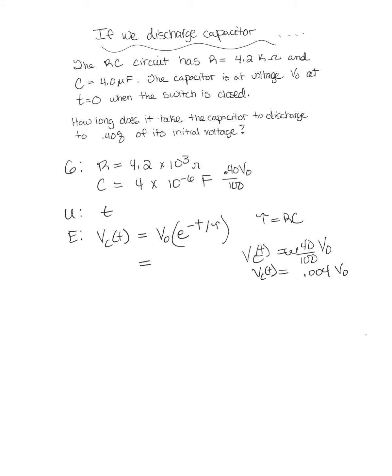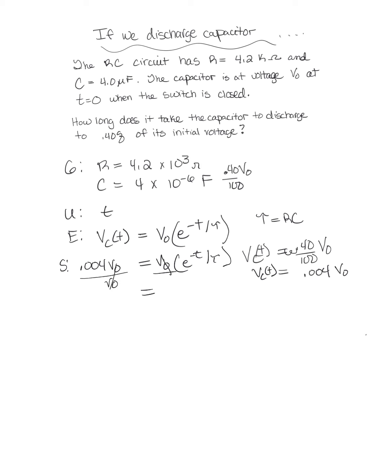So we're going to plug this in for V of C. We're going to have 0.004 V initial equals V initial times e to the minus t divided by tau. All right, so then we can divide V initial away.